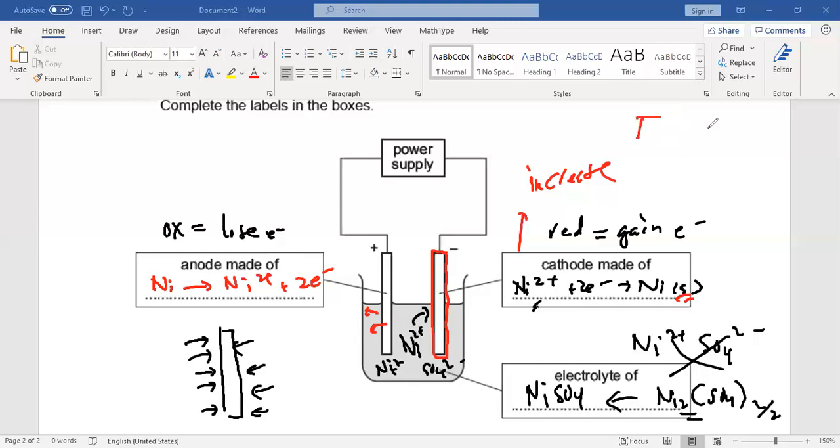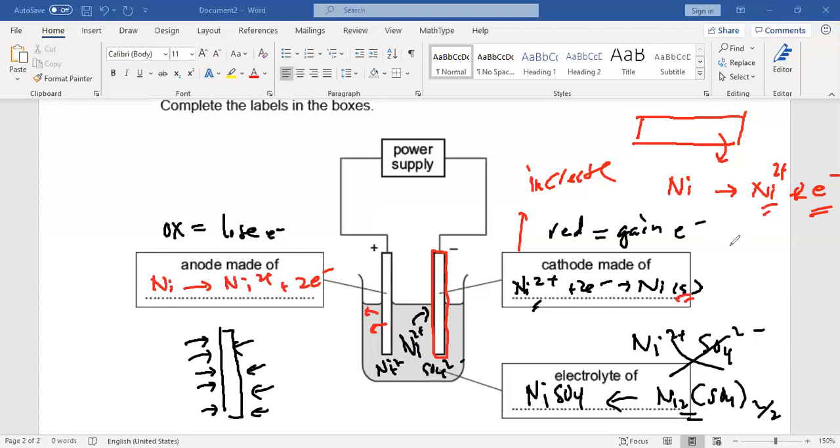We have a metal here, and when the electrons go out, it becomes an ion. That's why we call this anode the positive electrode, because this is the place where electrons go out from the strong metallic bonding, into the form of ions.